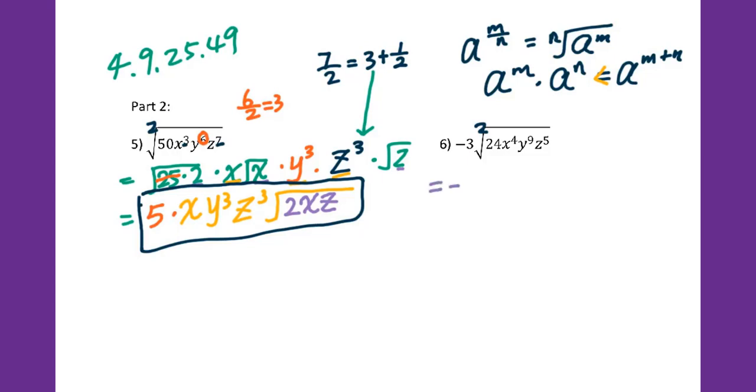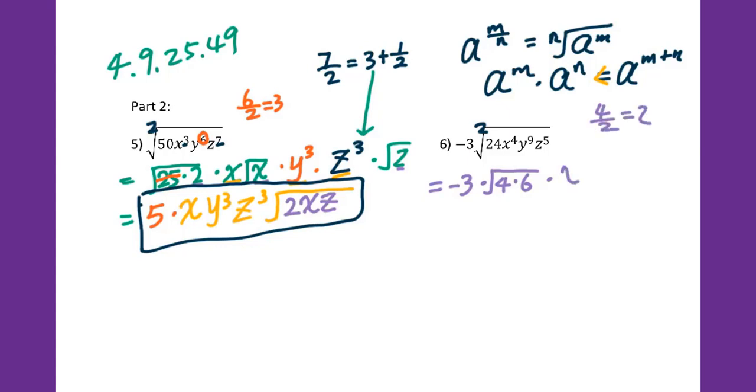You will have a -3 in front. Square root of 24, you can write down 4 times 6. Don't write down 2 times 12 because both 2 and 12 are not perfect square numbers. Then I multiply by, look at the x to the 4th power. 4 divided by 2, that's 2.